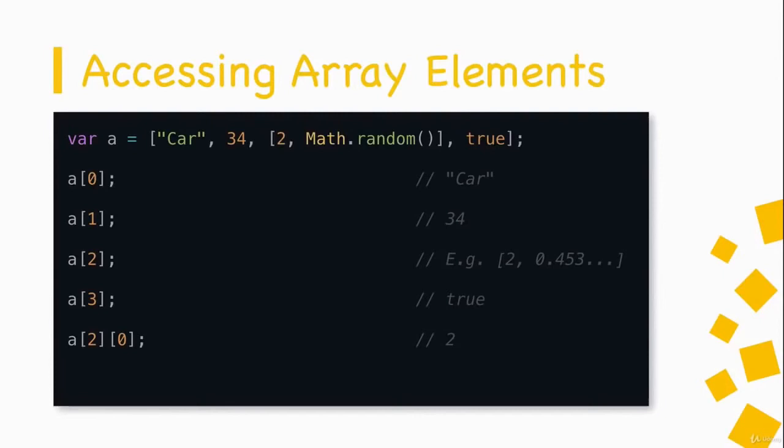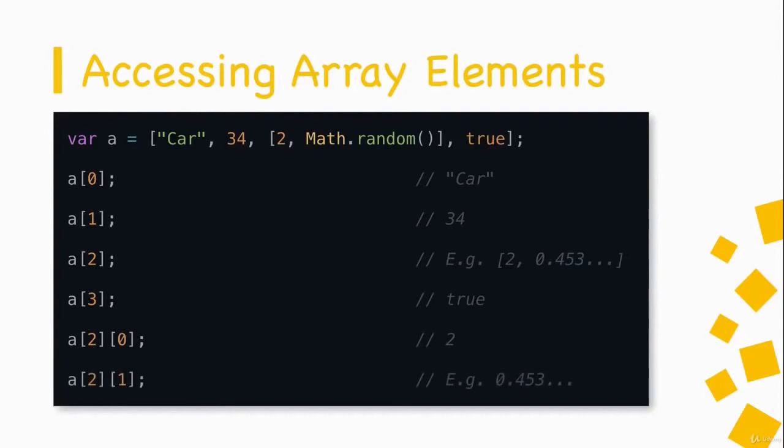So by using the double square bracket notation, you can actually access the individual elements inside a nested array. A square brackets 2 means the third element, which is the array itself, and then 0 means the first element of that nested array, which is 2.